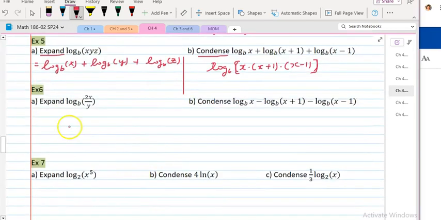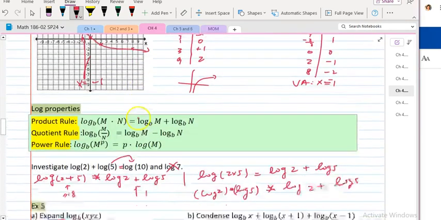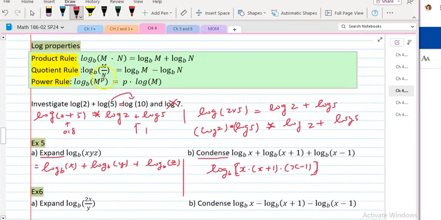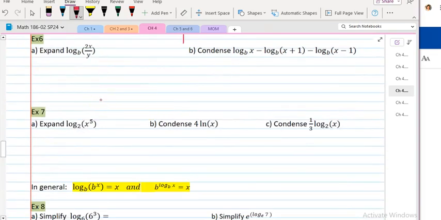Example 6, expand. So this would involve, what is it called? The quotient rule. If you have two things that are dividing, it is subtracting. Two things inside one log dividing is subtracting. So I have 2x and y that are dividing.